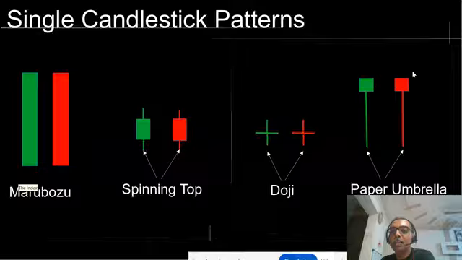So the price might not go up but might not fall as well, or there could be an absolute reversal, the price might start going upwards. So that is the indication of this paper umbrella.